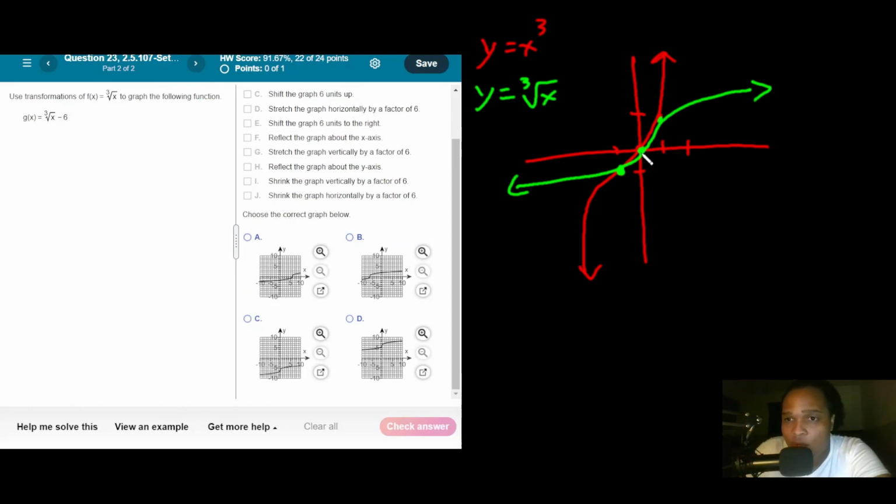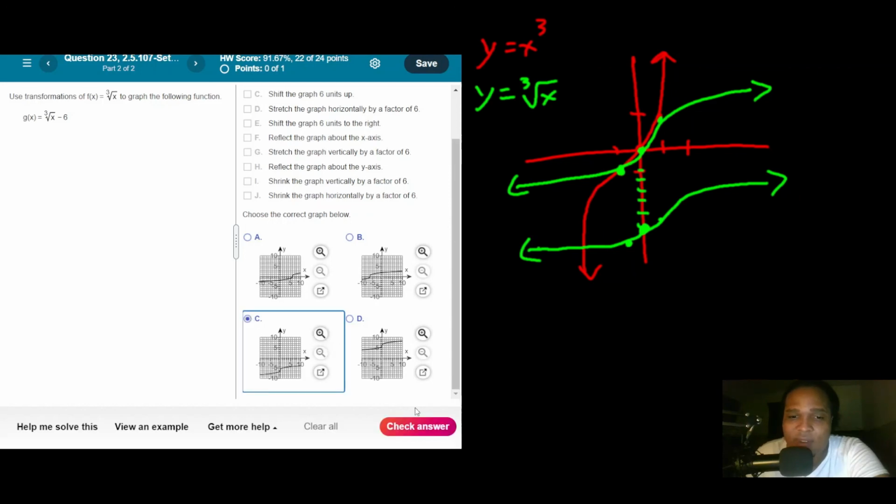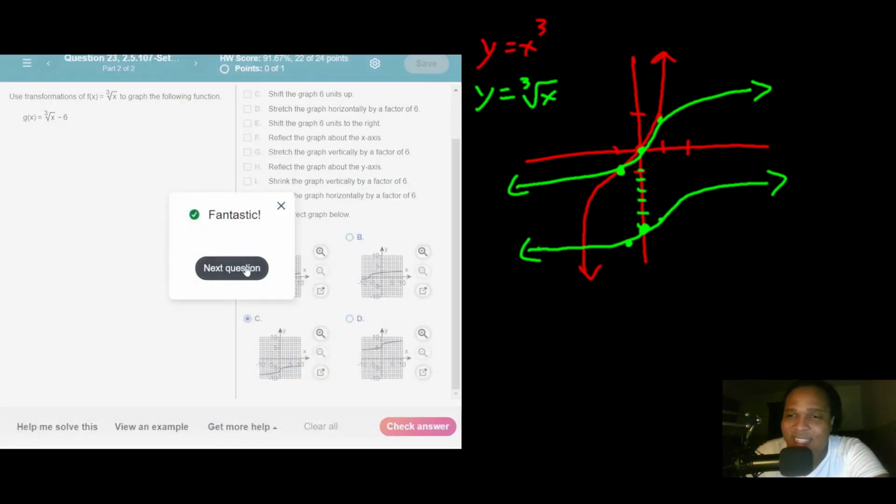So you can imagine we go down from here. So 1, 2, 3, 4, 5, 6. We have another point there, another point there, another point there. So just imagine if you take the sideways snake and just shift it down 6 units. So whichever one closely resembles this is our answer. And that's got to be it right there. Fantastic.